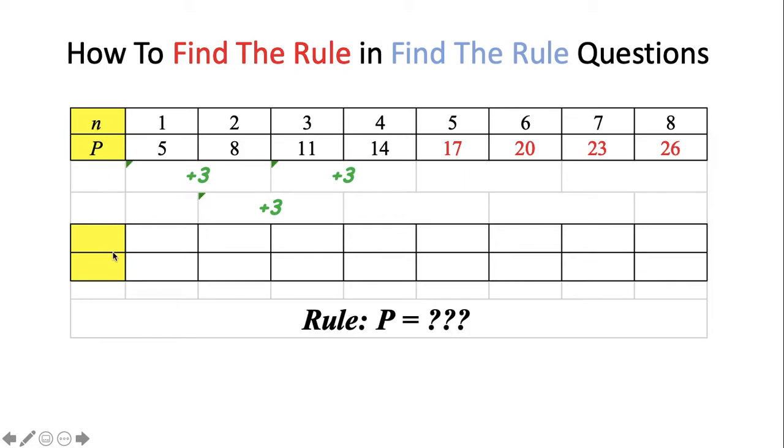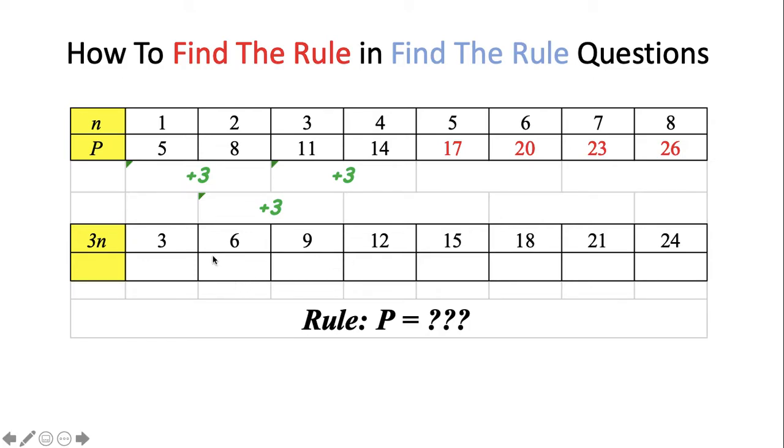So think about if the rule was just 3 times n, then the numbers we get would be 3 times 1 is 3, 3 times 2 is 6, 3 times 3 is 9, 3 times 4 is 12, 3 times 5 is 15, and so on, 18, 21, 24.